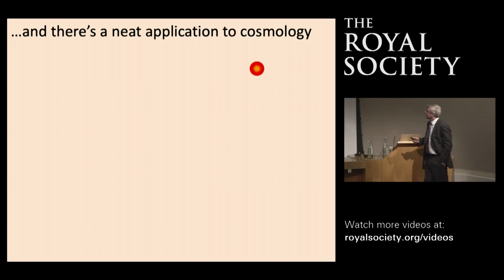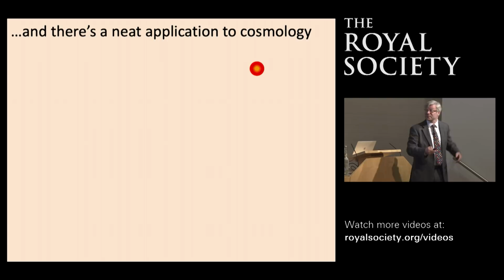Ah, perfect. So there's what I think is a really neat application to cosmology. Cosmologists, there's people who try to work out what the whole history and development of the universe is, use information from astronomers about what's out there.